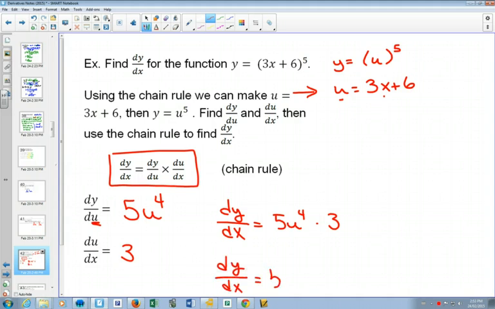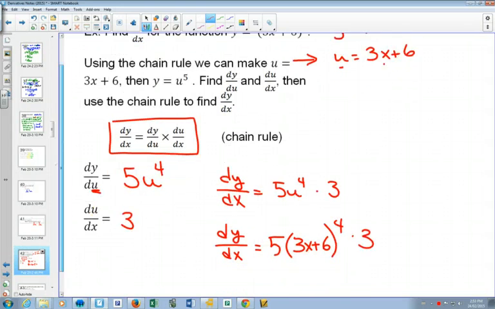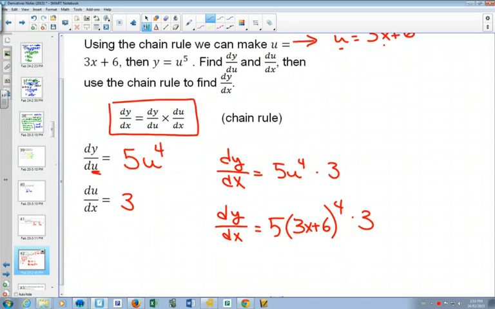Well, since u was equal to 3x plus 6, you'd have 5 times 3x plus 6 to the 4 times 3. In the back of the book, they will take that 5 and that 3 and multiply them together and get 15.